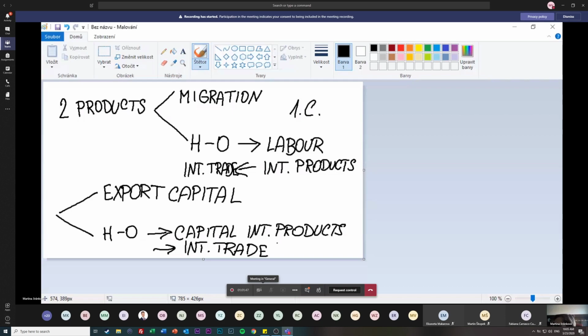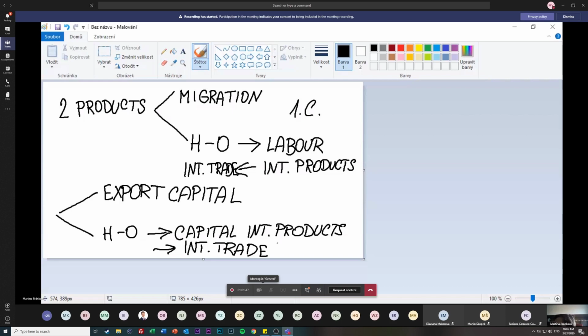People will always migrate to work in another country, and there will also be trade. Both possibilities will exist. There will not be a situation with only migration or only trade without migration. So that's all as for migration, and let's go to the second factor.